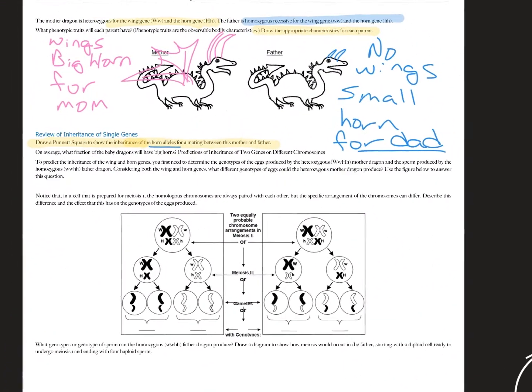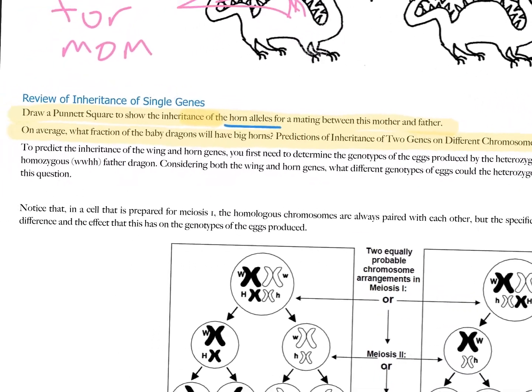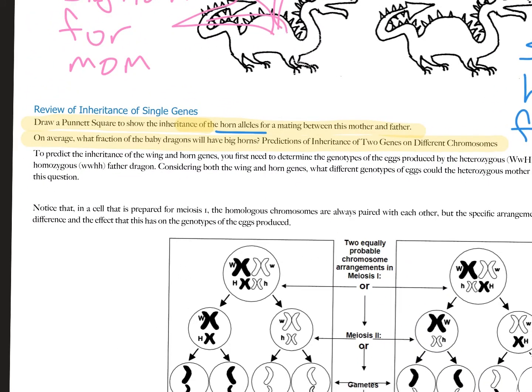So it says draw the Punnett square, then it says on average what fraction of baby dragons will have big horns, predictions of inheritance of two genes on different chromosomes. Go ahead and read that, please. This is going to take forever if you guys are not going to respond quickly.